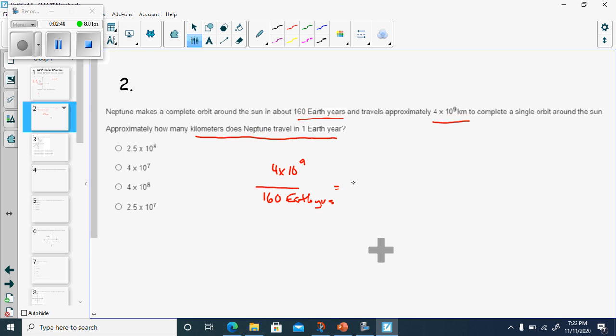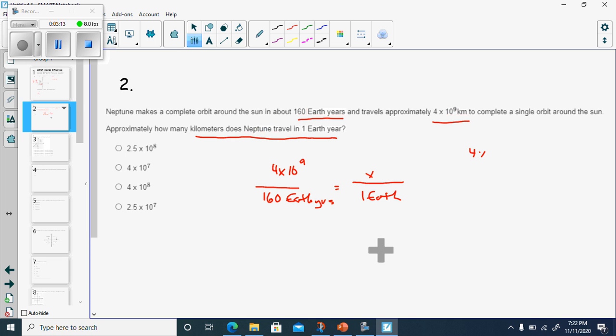Okay, so how far would it go in 1 Earth year? You can even set up a proportion. Essentially, all you're doing is you're dividing 4 times 10 to the 9th by 160. Okay, now, could cross multiply, you get the same situation. So let's divide 4 times 10 to the 9th by 160.